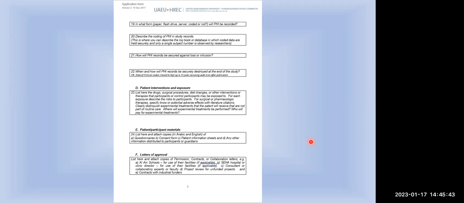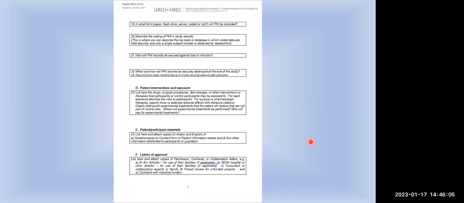Other questions will include patient intervention and exposure, whether there is intervention or exposure, and what the patients' participant material is, and also letters of approval.